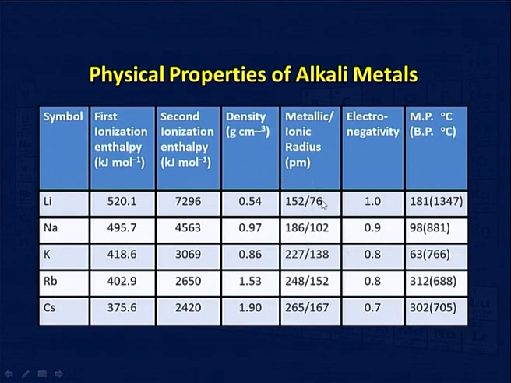You can see here 76, 102, 138, they are keeping on increasing. This is the radii of the ion here, that is M positive. This 152 is of the metal and this is of the ion. So, you can see they have a very good order, in the sense that as the shell increases, the size also increases, and they are very consistent of course.